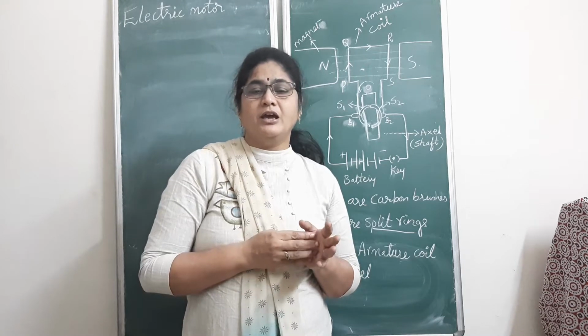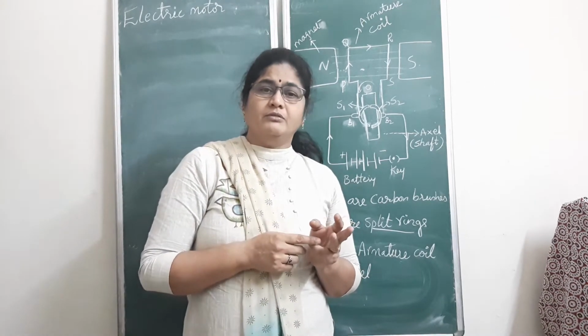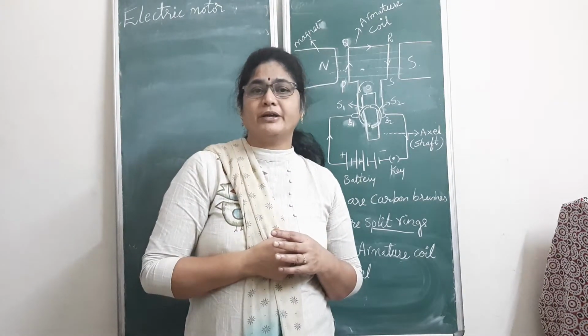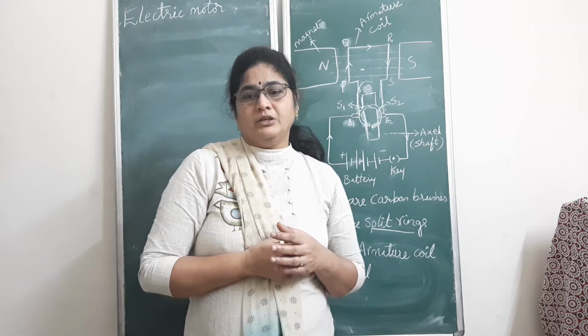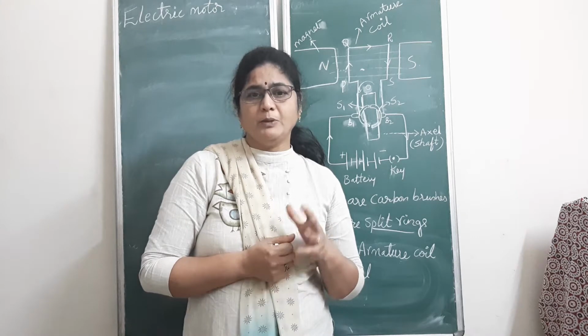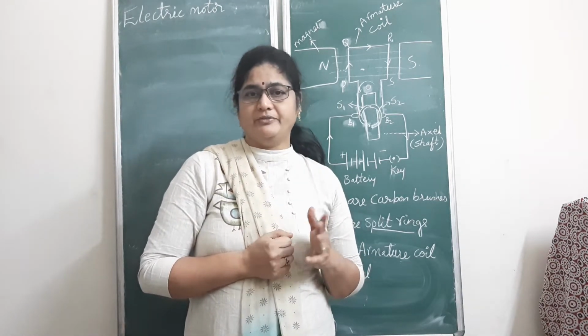As a result, F is equal to 0. Whereas when the conductor is aligned in a direction perpendicular to the external magnetic field, it will experience maximum force that is equal to BIL. So this is what we learned in the previous session.